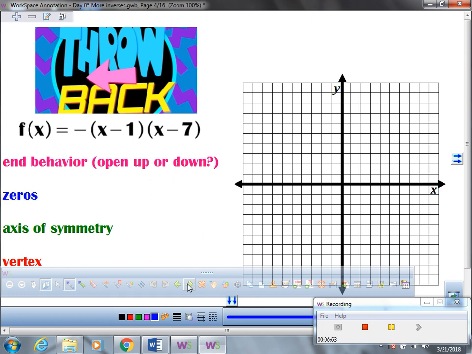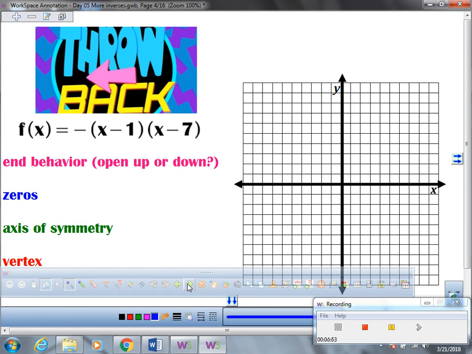Okay. So how does this one look different? Show me with your hands. It's going to go down. What makes it go down, Fidel? The negative sign out in front. Okay. Where's the Y-intercept? It is -7, right?